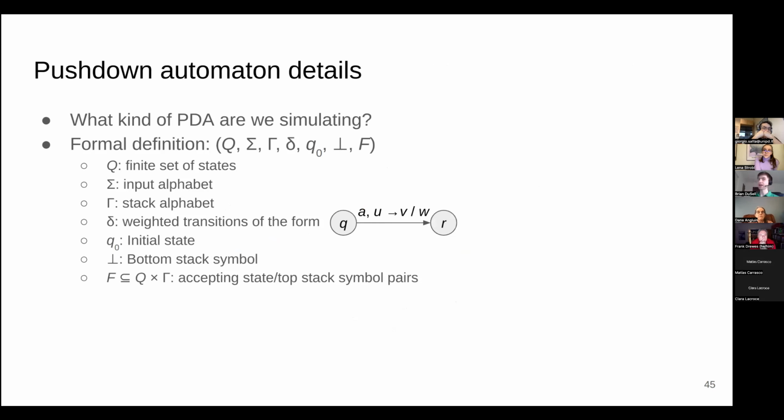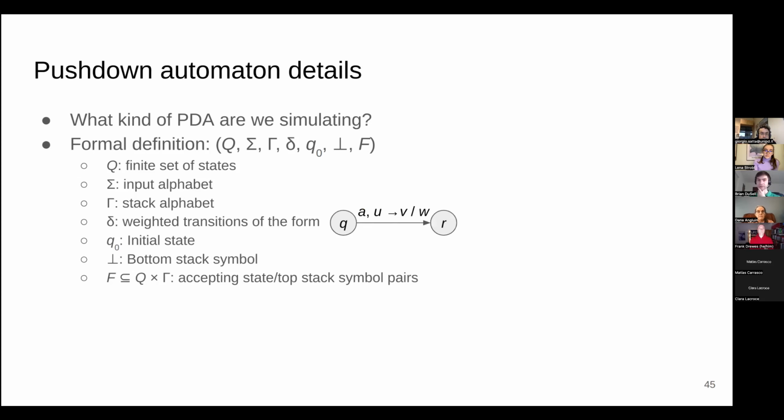All right, so now I need to talk about the details of the pushdown automaton that we are simulating. Quick definitions: we use Q for the set of states, sigma for the input alphabet, gamma for the stack alphabet, delta for the weighted transitions, and Q0 for the initial state. In our version, there's also a designated bottom symbol in gamma, which is the initial symbol on the stack.